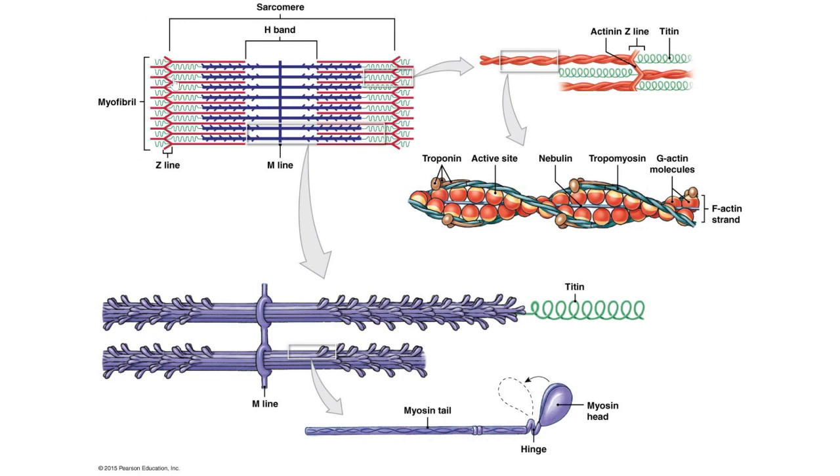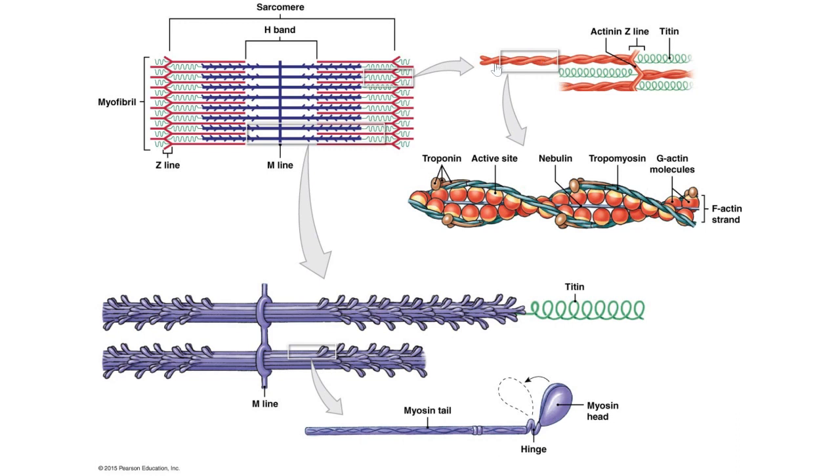The sarcomere is between the Z lines. As we can see by the image, the sarcomere is a space between the Z lines, and the actin filaments, these thin red ones, are going to contract towards the M line, which is how contraction of muscle occurs. And again, here's an actin filament.